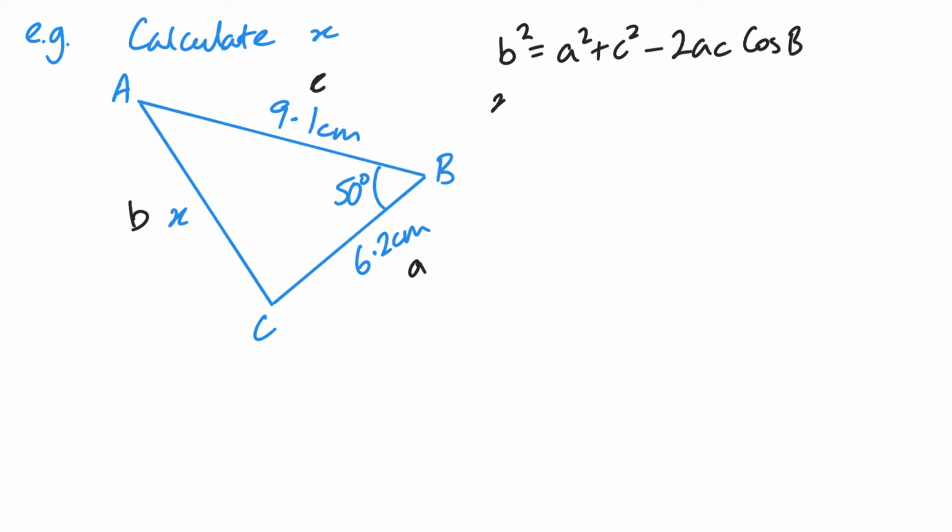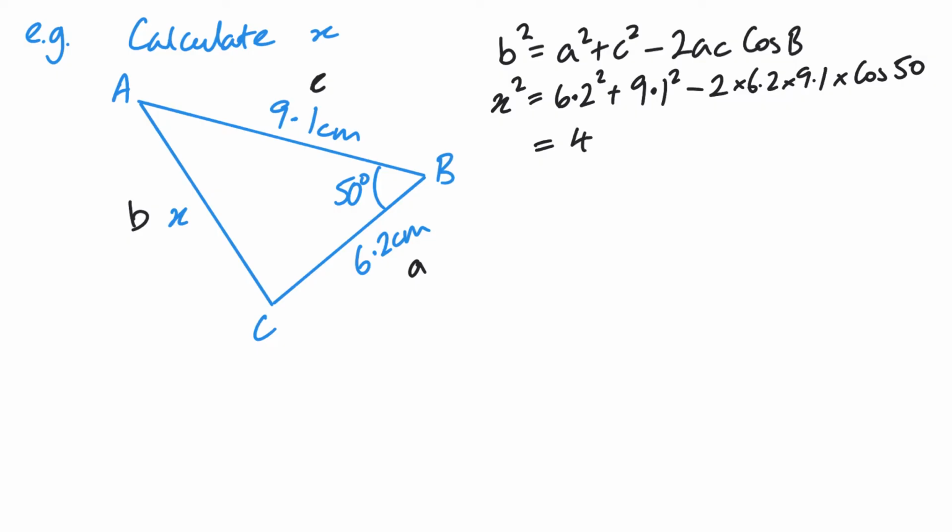So b squared is actually called x, so we're going to change that to x squared. a is 6.2 and c is 9.1. Put my squares in. 2 times 6.2 times 9.1 times cos 50. And then it's a matter of just putting this into my calculator. And we get 48.7.